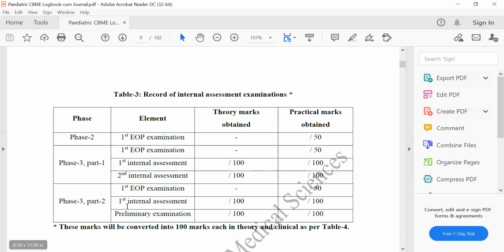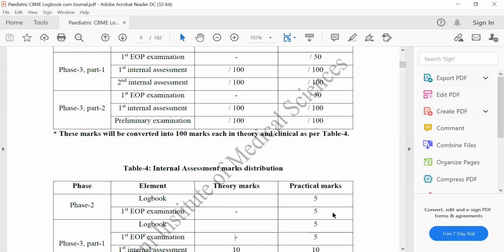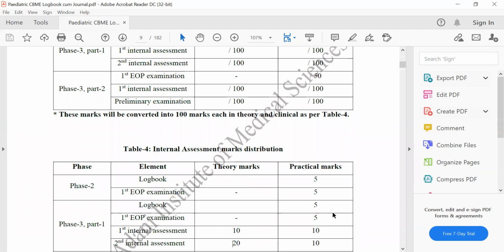Similarly, in phase 3 part 2, when the student will be in the final year, there is the same end of posting, because 4 weeks posting will be there. First internal assessment of the theory and practical, and then preliminary examination will be there. So in the next table, I will show you how these marks weightage will be there, because we have to convert all these marks into 100.